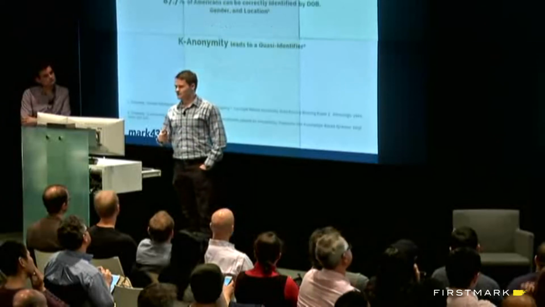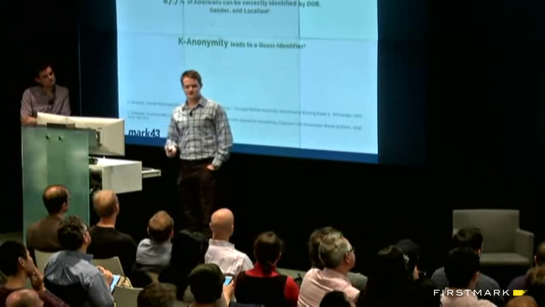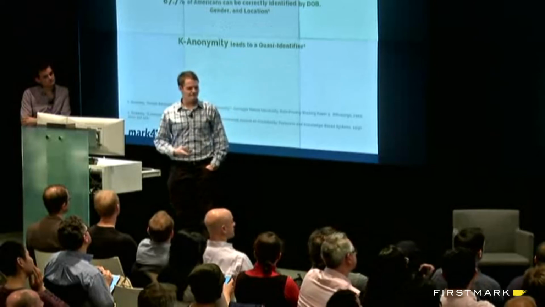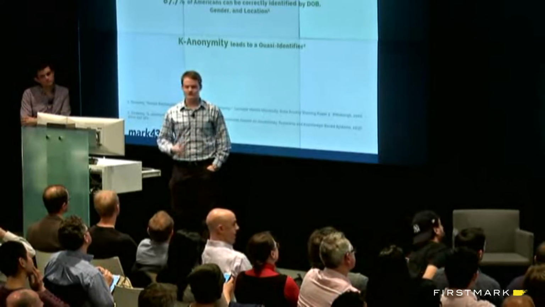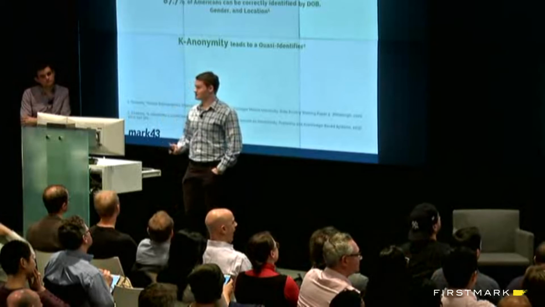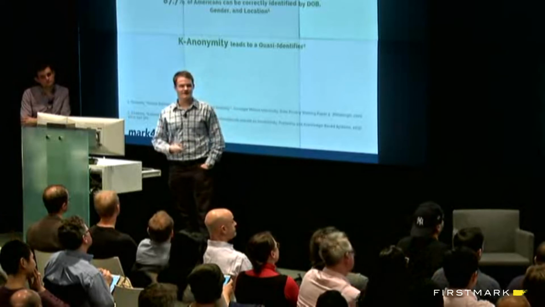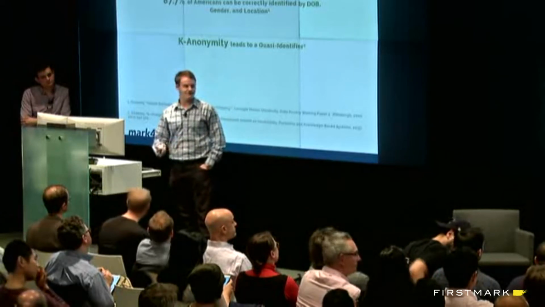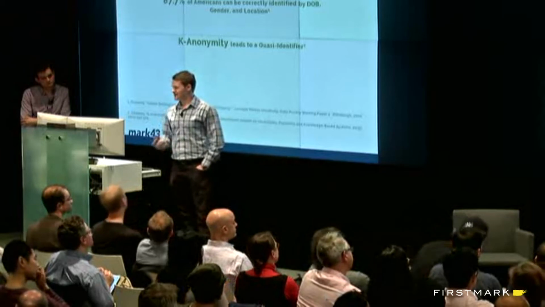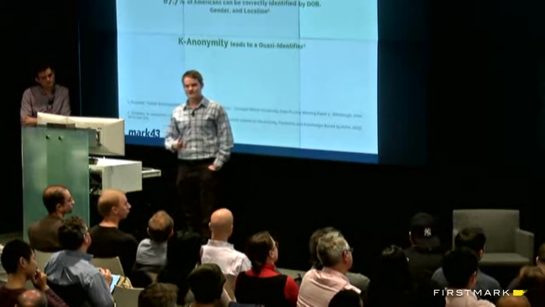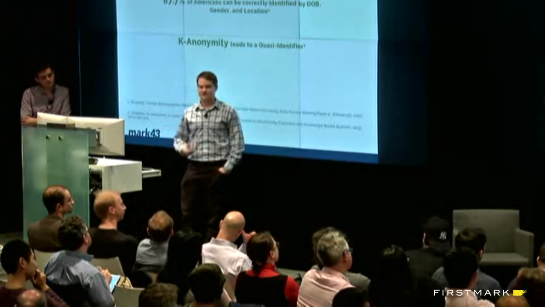And so as we are dealing with these issues and looking at what to do, we kind of started looking at some of the research and literature in areas related to this and found some interesting things that help guide our actions. And the first of which is that 87% of Americans can be uniquely identified with date of birth, gender, and location.